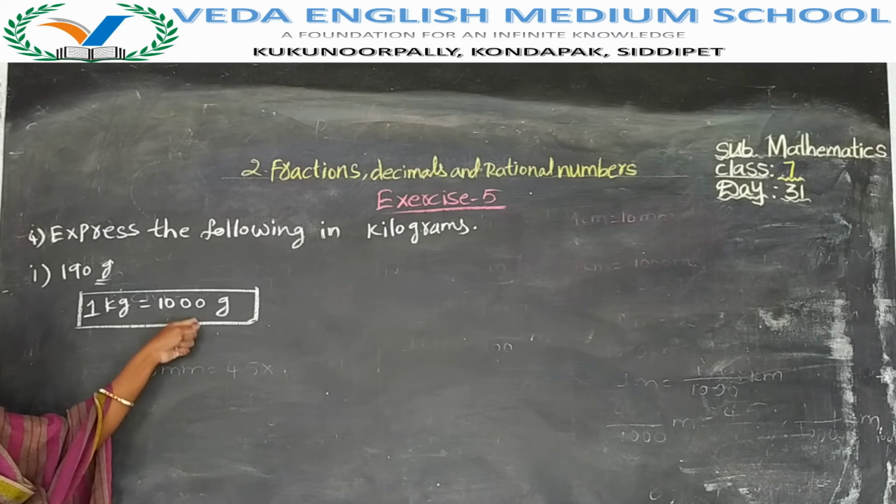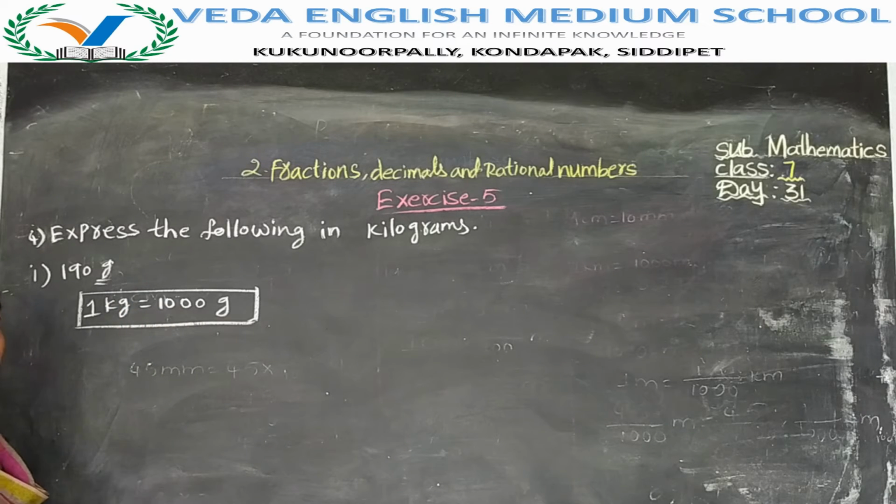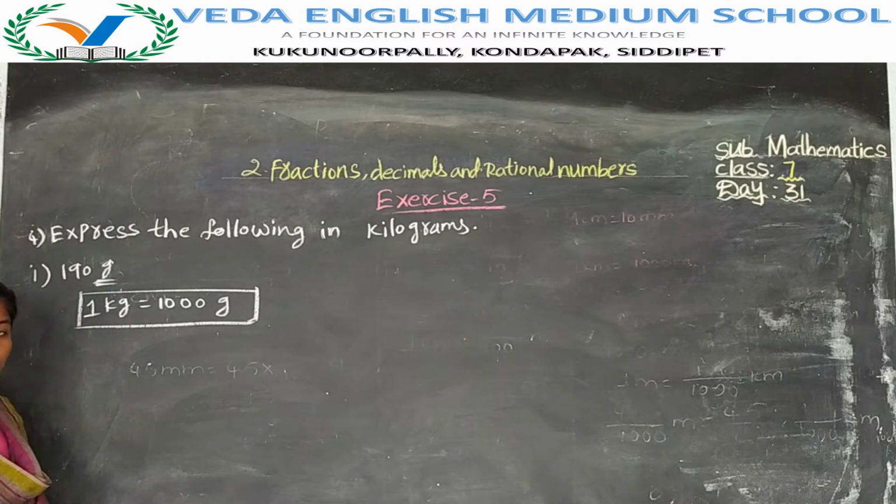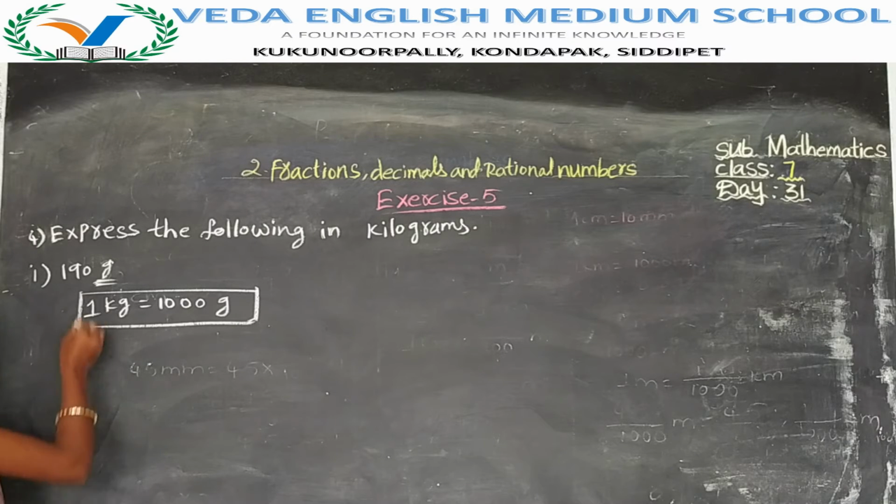When you convert a greater quantity into a smaller quantity, you have to do multiplication. Now we are converting a smaller quantity into a greater quantity, so we have to do division.